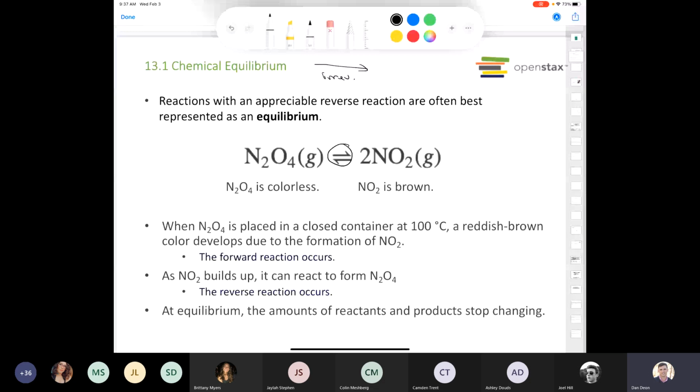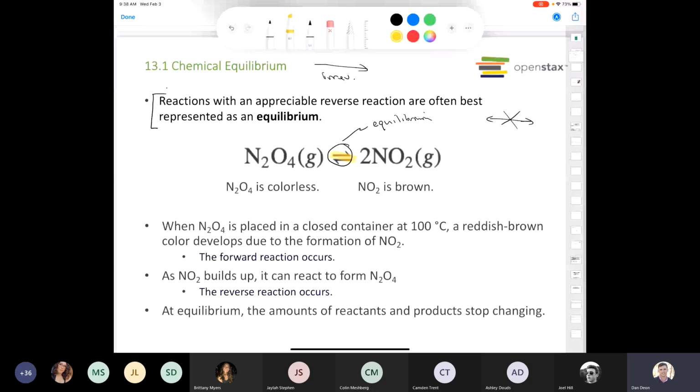Do not draw the arrow like this, like a single line with 2 points. That's something completely different. That's for resonance, which you would have learned in general chemistry 1. So again, a reaction with an appreciable reverse reaction and forward reaction is often best represented as an equilibrium, just like we have shown here. So let's see what would happen.